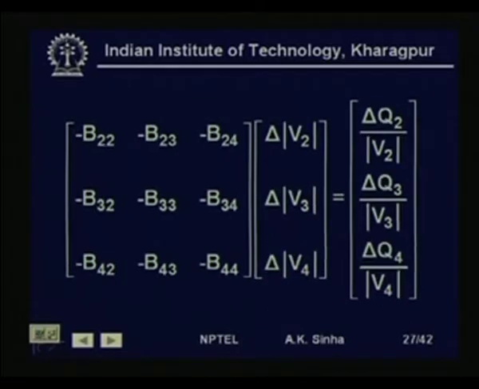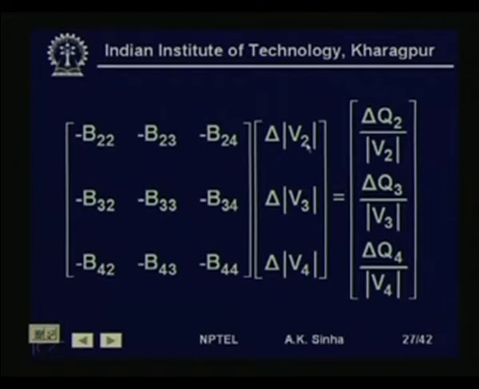And similarly, for the other expression we have again minus B22 minus B23 minus B24. So, we have this matrix which is containing terms of susceptance only.